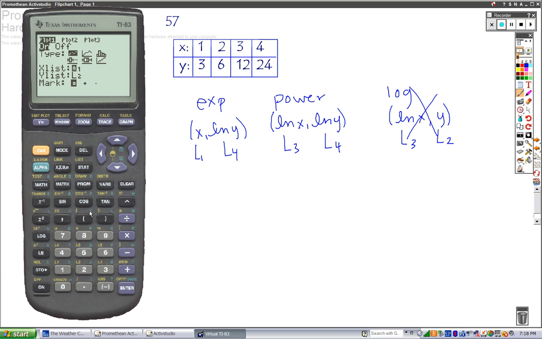So this for exponential is going to be L1 and L4, okay? And then I'm going to go back up to the top and do the same for the power ones. Turn it on, and L3 and L4, they're already there. And the reason I'm going to change to the plus sign is because I don't want to use the same thing that I used for the exponential.